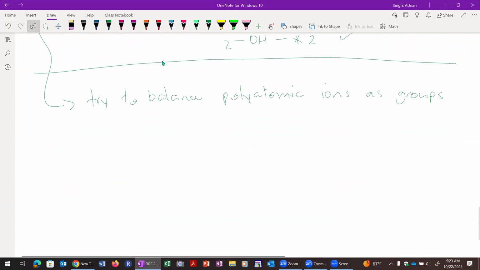And that's if the ions are the same on the left side and the right side, for the reactant side and the product side. It's going to make it a lot quicker or a lot more efficient to do it that way.